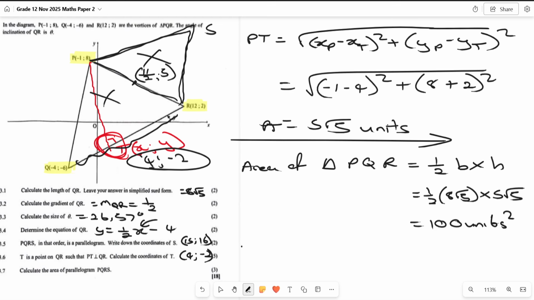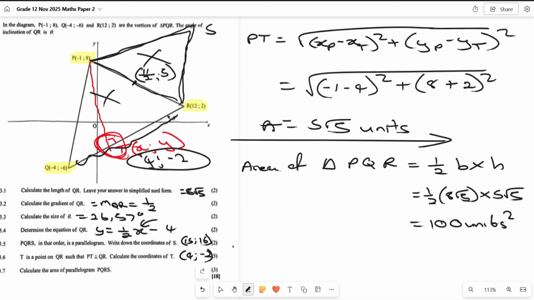So now we can say the area. You can just give a reason and tell them that these two triangles are going to be the same. Why? Because of the properties of parallelograms or quadrilaterals. Now, what do we need to do? We need to multiply this by 2.